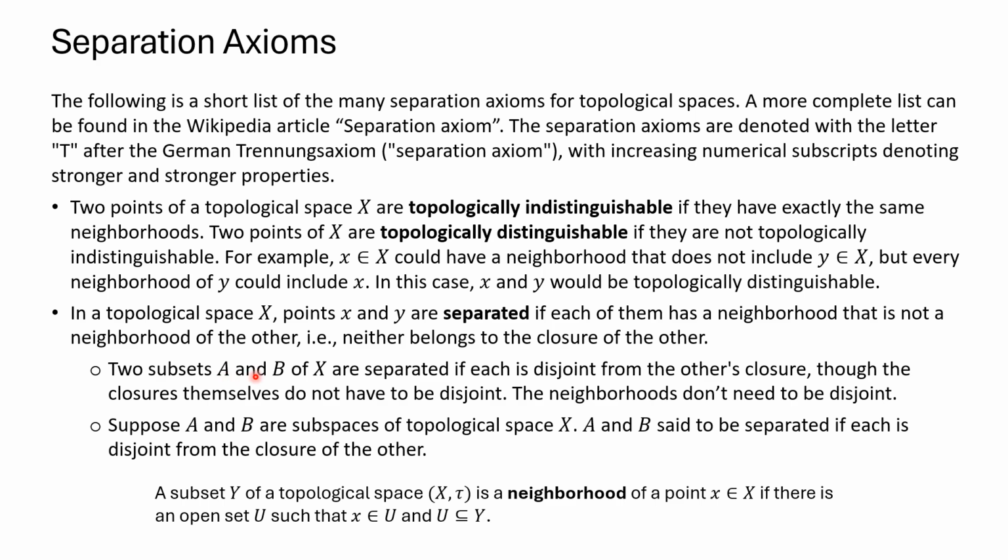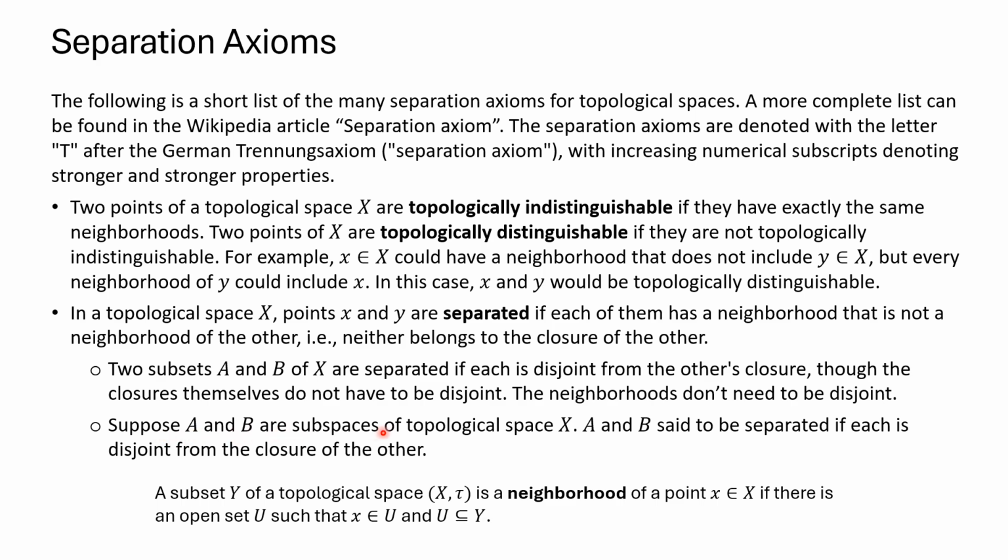Two subsets A and B of X are separated if each is disjoint from the other's closure, though the closures themselves do not have to be disjoint. So they could just intersect at the boundary, but they would be otherwise disjoint.